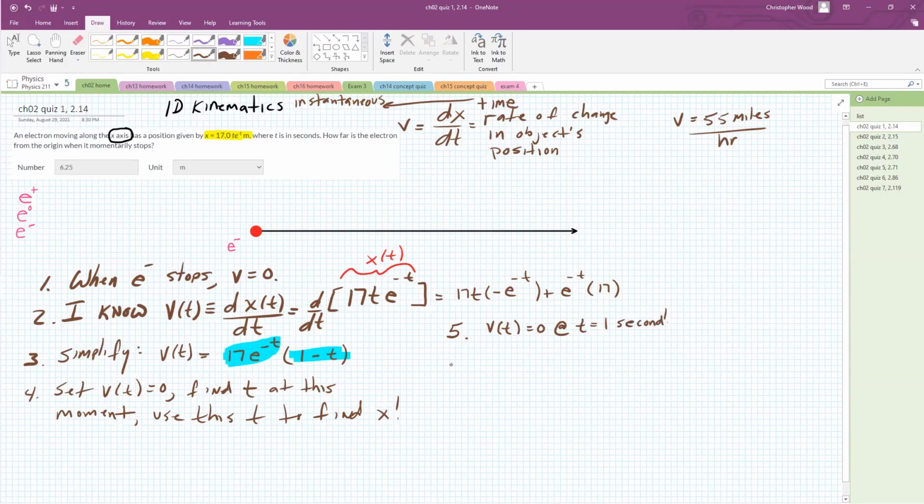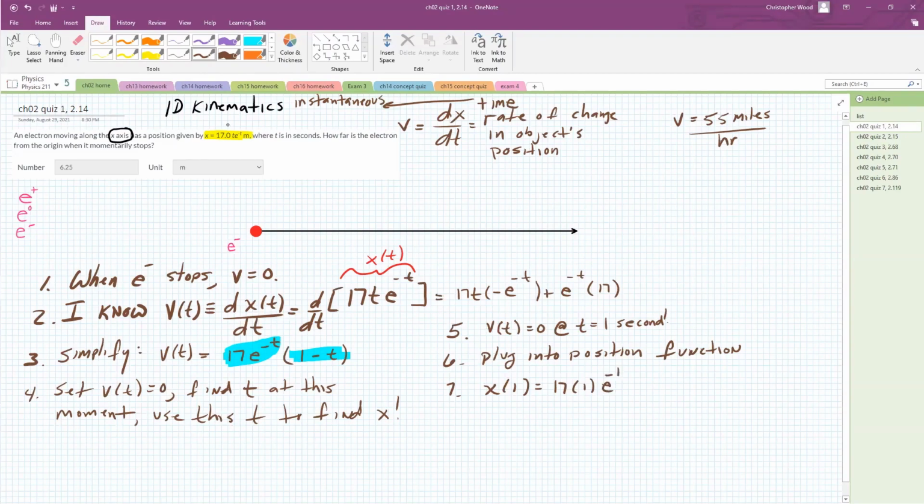Okay. So number 6 says plug into my position function, and then we're going to be done. So if I plug this into my position function, I have my position function at 1 second, x(1), equals 17 times t times e to the minus t.